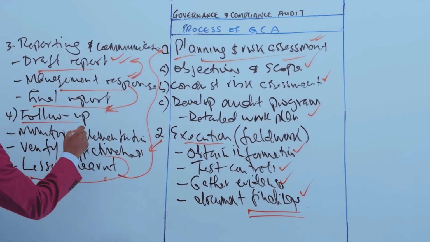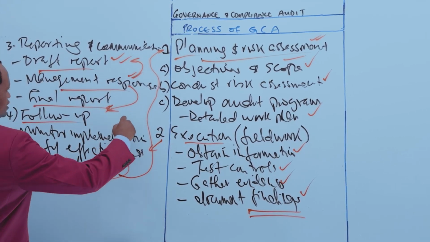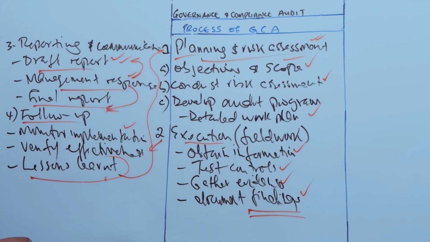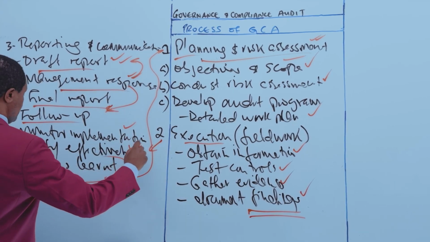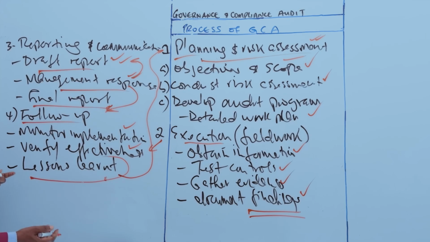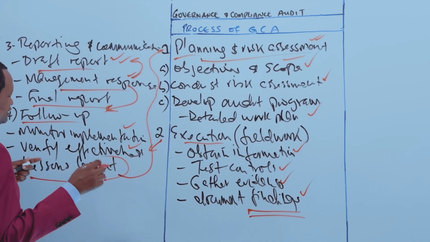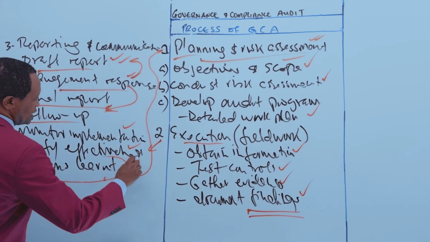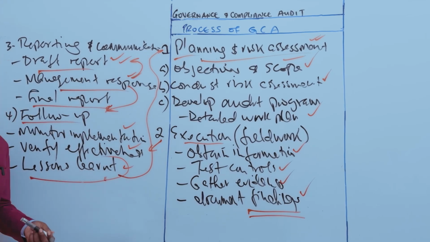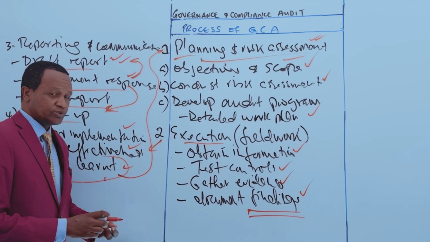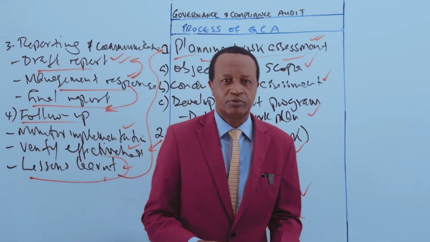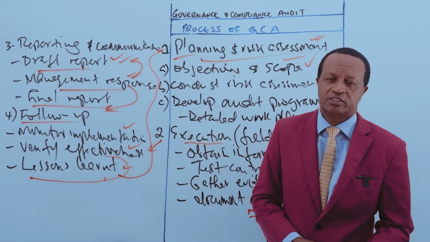Then there is a follow-up. The auditors have to monitor that the changes have been implemented. They also need to verify effectiveness. They retest the controls to ensure that the root causes are solved. Then the lessons that are learned are used to improve subsequent audits. That is the process of governance and compliance audit.